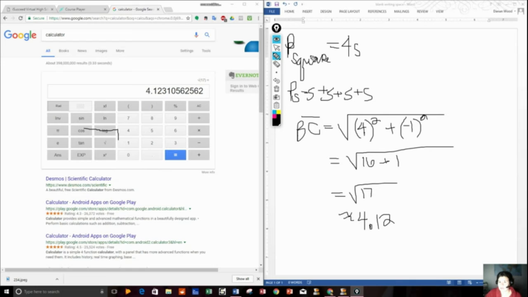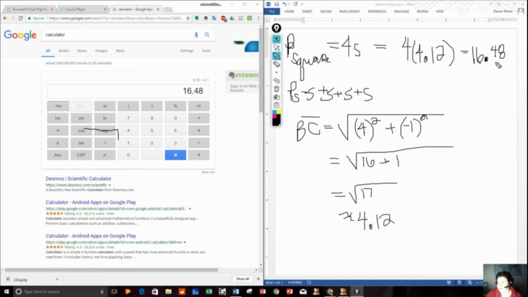So then we're going to come back here with the perimeter of our square, and that's going to equal 4 times 4.12, which is approximately 16.48, and it wants it rounded to the nearest tenth.